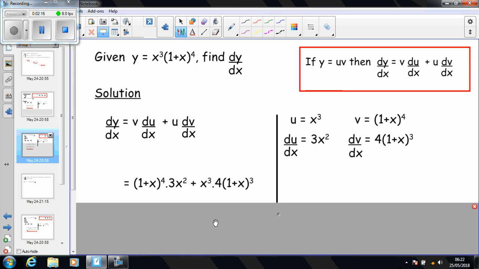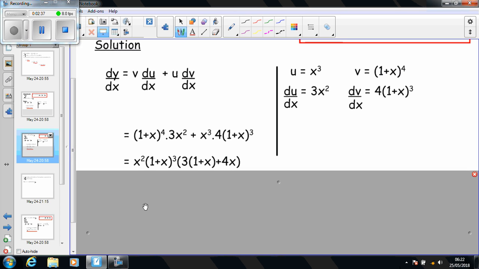Putting those into the formula, I've got v du/dx. Now notice, instead of writing a times, which might look like an x, I've written a dot, and that's alternative notation for multiplication, plus u times dv/dx.